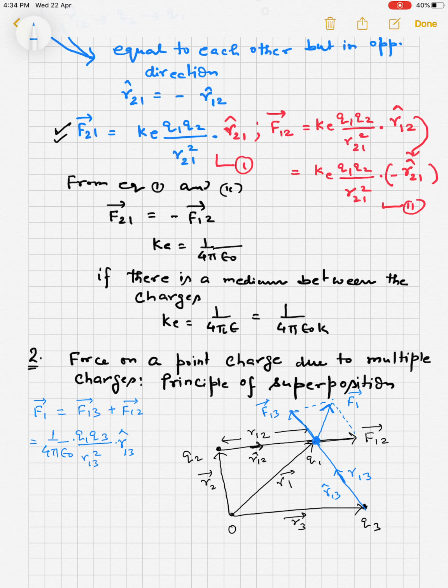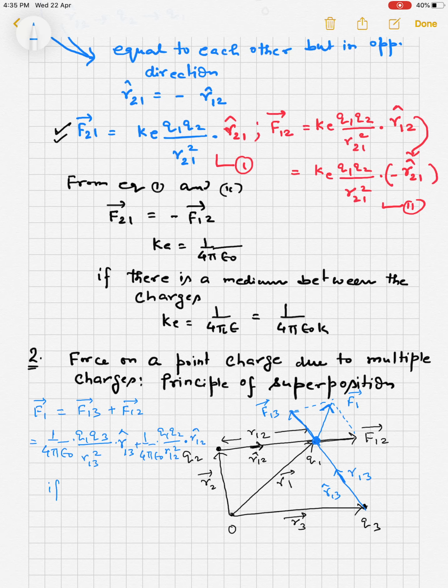Similarly, we can write 1 upon 4 pi epsilon naught q1 q2 upon distance square. Distance is r12, so r12 square into the unit vector in this direction, r12 unit vector. So this is the formula for finding the net force on a given charge due to other charges.